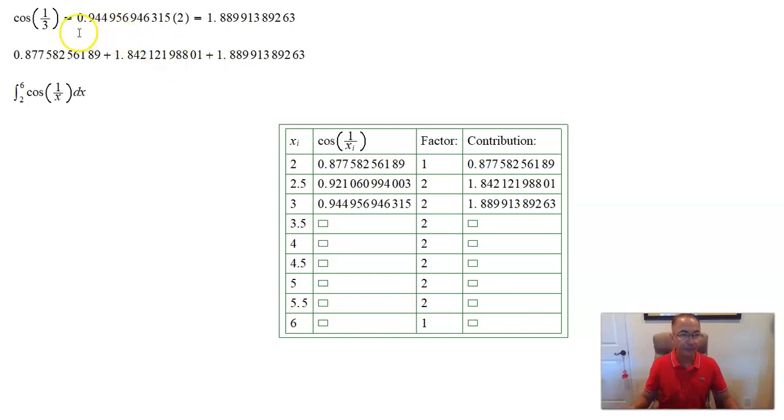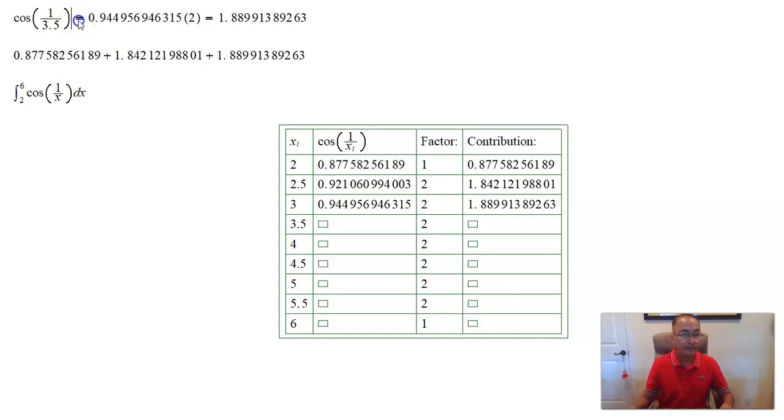Okay. 3.5, times 2, add it to our previous terms.